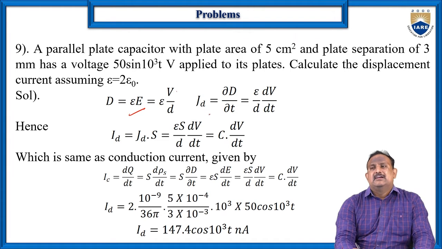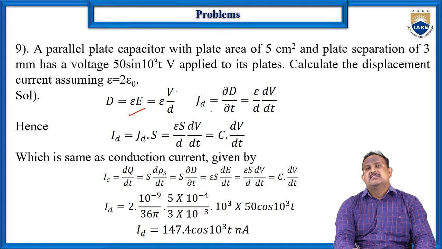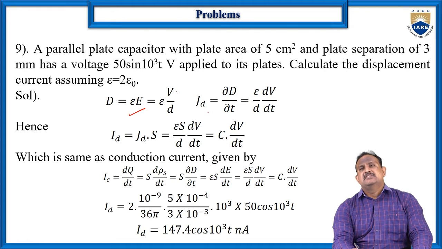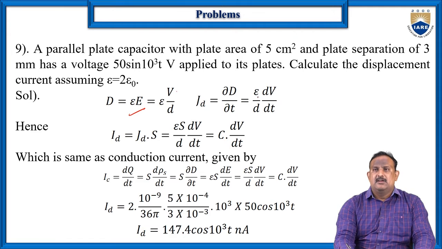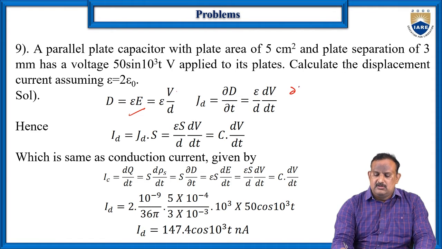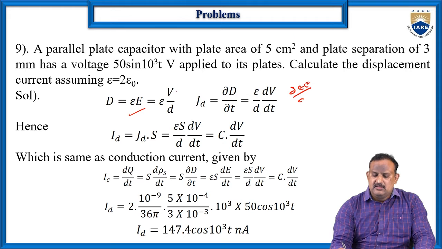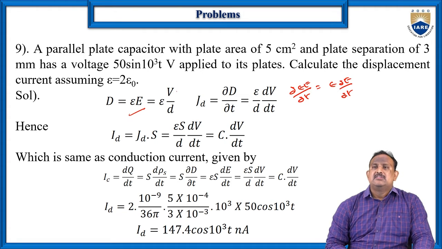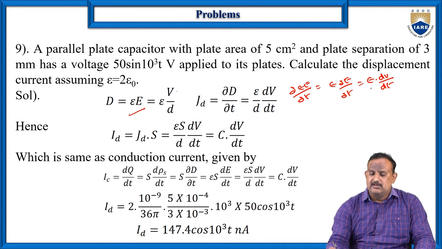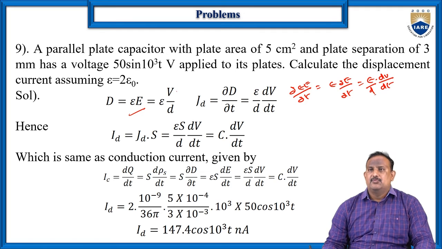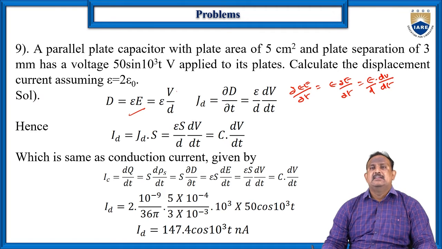The displacement current density J_D is equal to dou D by dou t, where D is equal to epsilon E. So it is epsilon into dou E by dou t, and E is again V by d. Therefore, we can write epsilon by d into dV by dt.